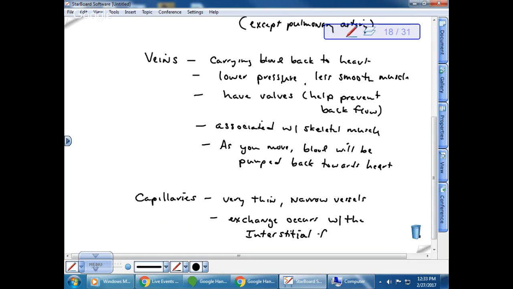Each of your cells is bathed in interstitial fluid. The blood has to get into the capillaries in order for oxygen to diffuse out, carbon dioxide to diffuse in, nutrients to be delivered and waste products to be picked up. We're going to talk about capillary exchange in a minute. So those are the capillaries.